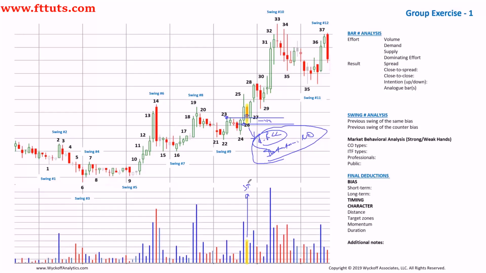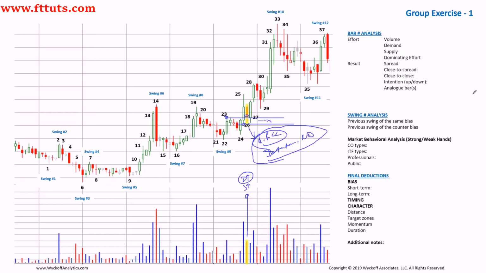So therefore, we are thinking, why is it that we are not, as Eric is saying here, in sync between the effort and the result? Well, because there is an opposing force, which is demand, increasing demand, that comes in at this point, and all of this supply is being absorbed.